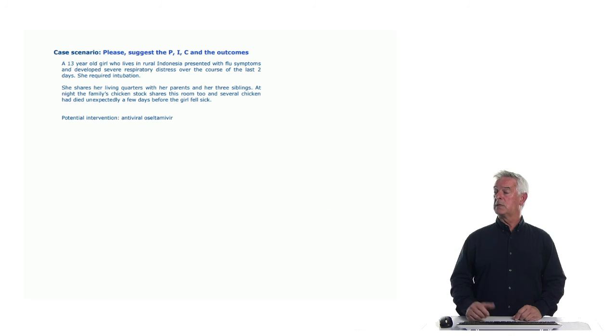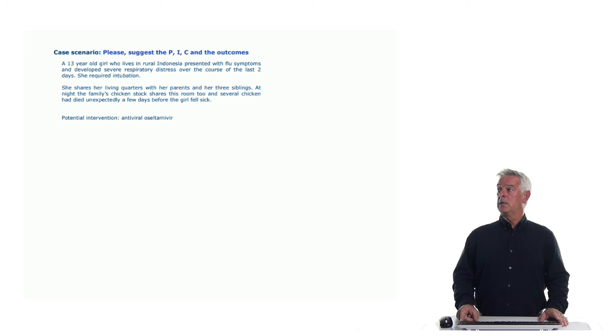There's another example. This is taken from Schunemann. Suggest the P, the I, and the C, and the outcomes. A 13-year-old girl who lives in rural Indonesia presented with flu symptoms and developed severe respiratory distress over the course of the last 2 days. She required intubation.